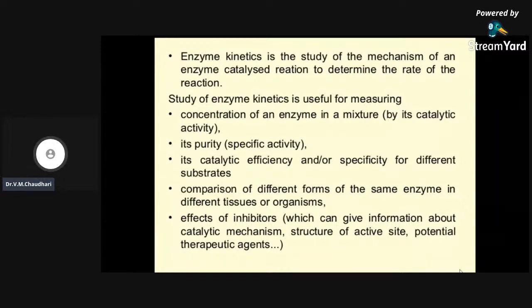These kinetics are useful for measuring the concentration of an enzyme in a mixture by its catalytic activity, or its purity, that is the specific activity of enzyme, or its catalytic efficiency, that is whether the enzyme is able to convert whatever amount of substrate is present into product or not. That is the catalytic efficiency. Next is the comparison of different forms of the same enzyme in different tissues or organisms.